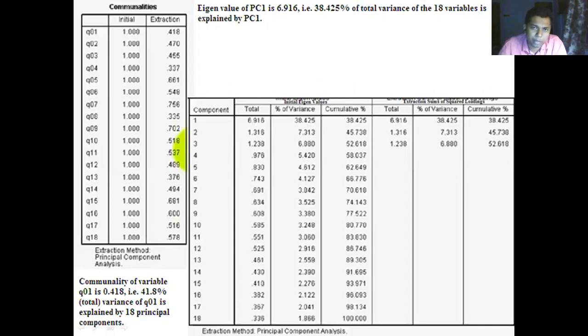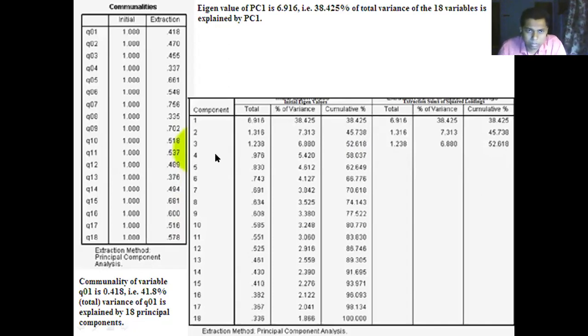Similarly, the first three principal components together can explain around 52.618% of the variance of all the variables.